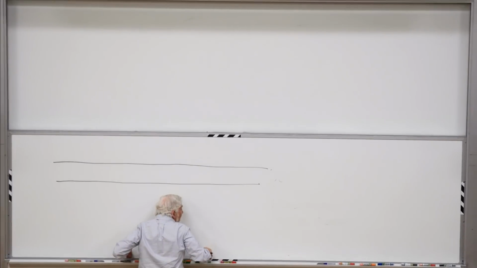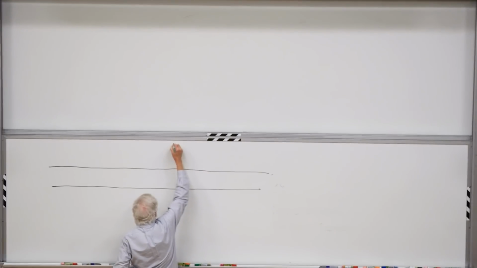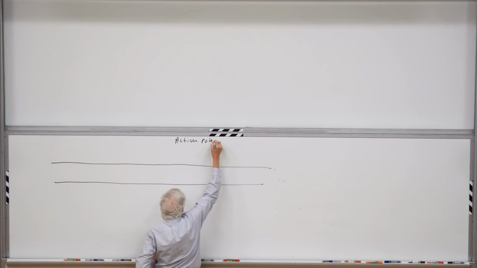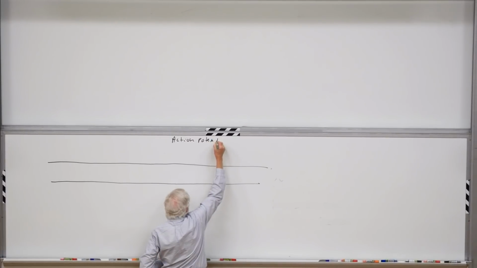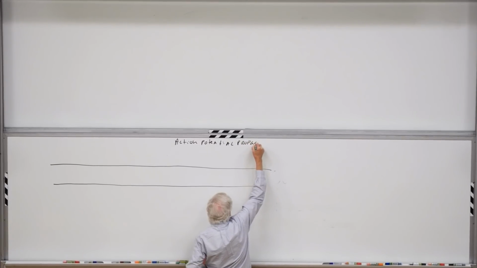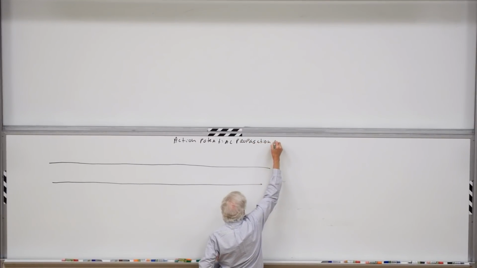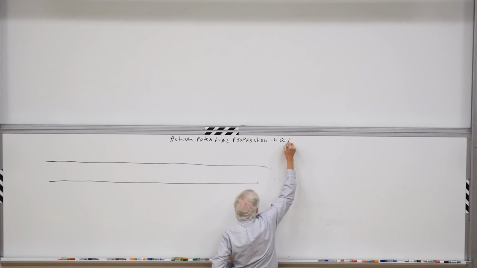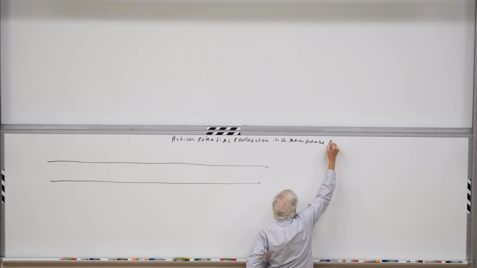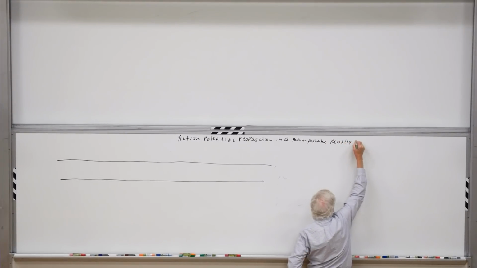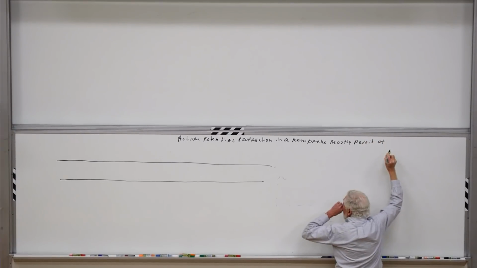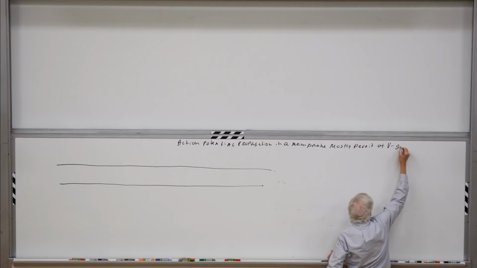And let's take this panel and actually label it as action potential propagation in a membrane mostly devoid of voltage-gated channels.